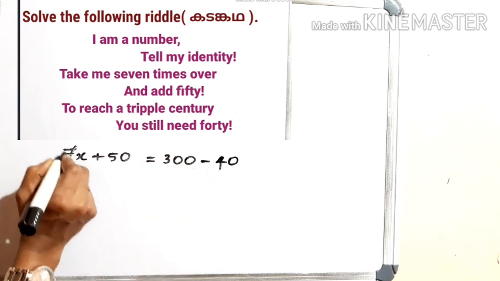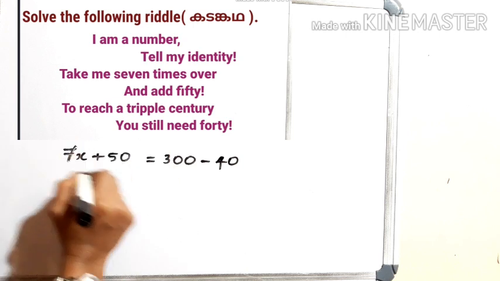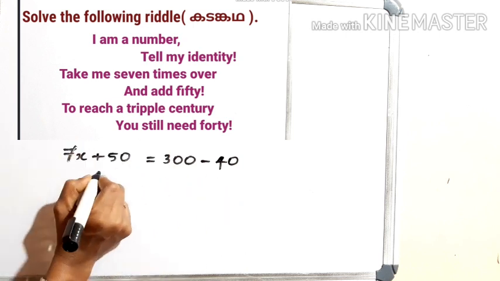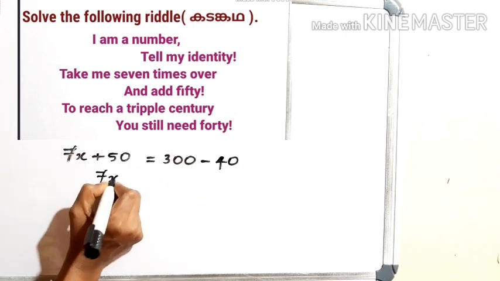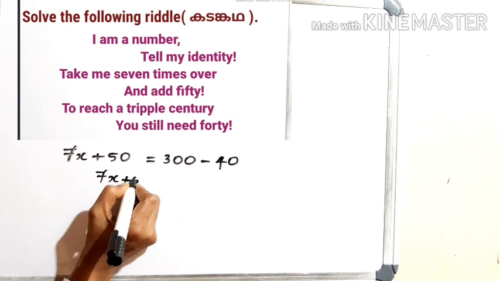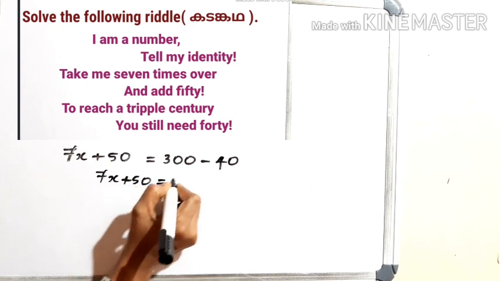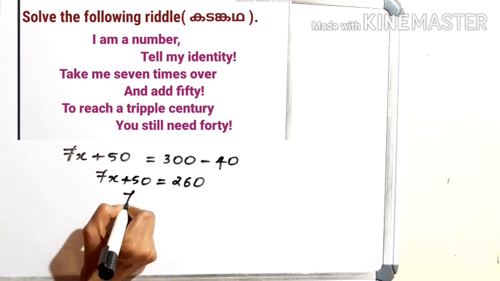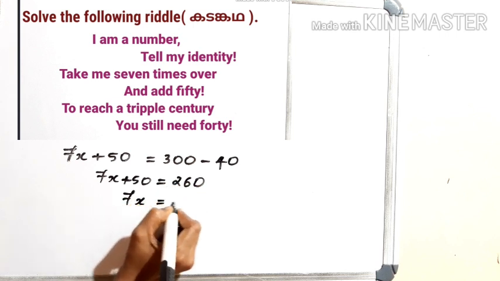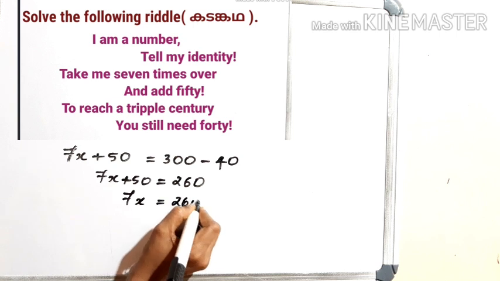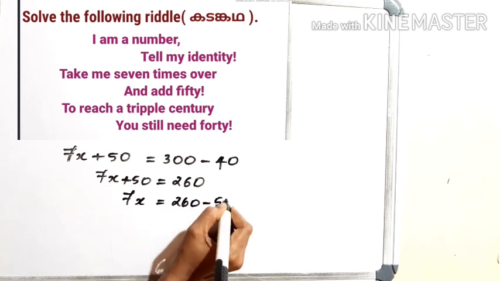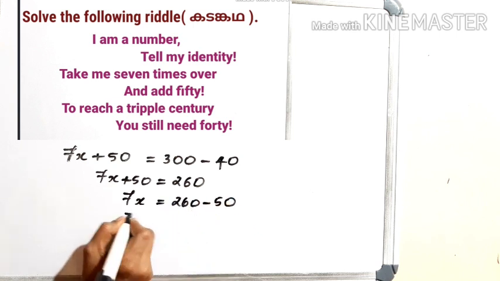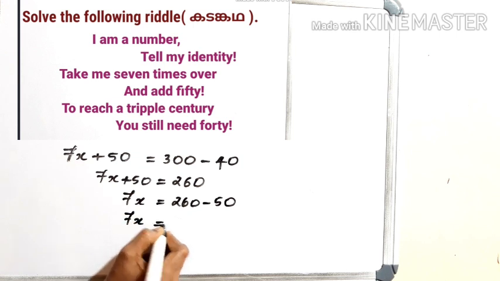Now, we have a simple equation, right? 7x plus 50 equals 260. Then 7x equals 260 minus 50. 7x equals, what about 260 minus 50?